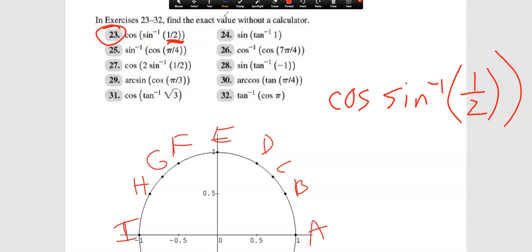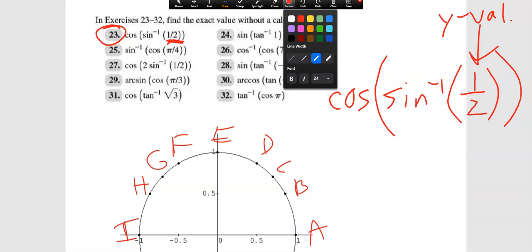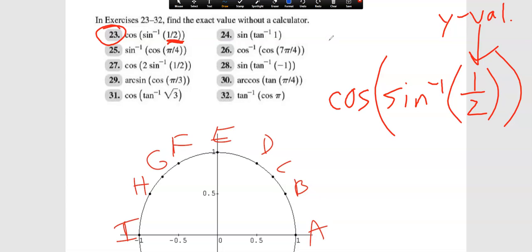You're saying that's a y value in there? You are correct. All right, so they're giving me a y value of 1/2. Can you see two letters on this particular screen right here that have a y value of 1/2? H and B, right? They have a y value of 1/2.